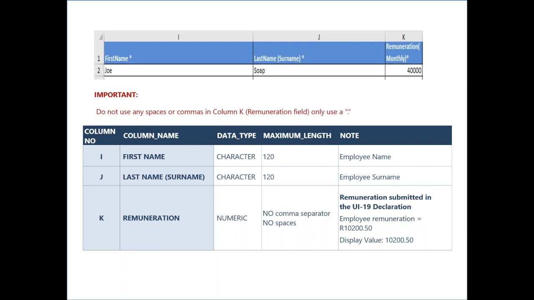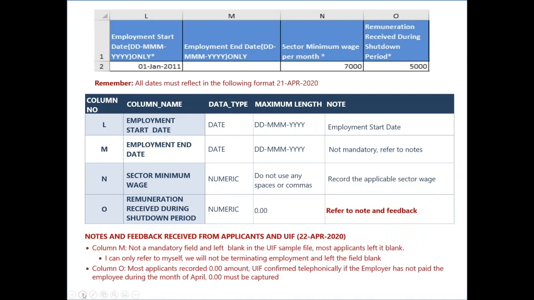So please double check that when you bring over your information. The display value must have no commas, no spaces, and the point must be used. Okay, going on to the employment start date, that is obviously self-explanatory. Again, please make sure that.